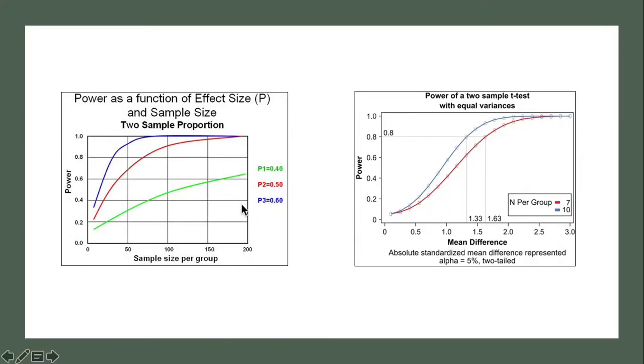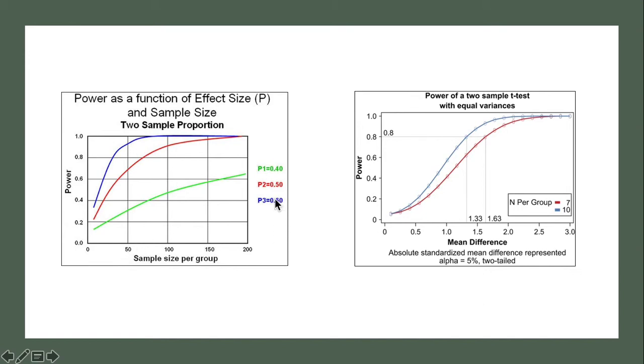So here's an example. Here we have power as a function of effect size and sample size, and this is using comparing two proportions. Say we have an effect size of 40%, 50%, 60% difference between the groups.